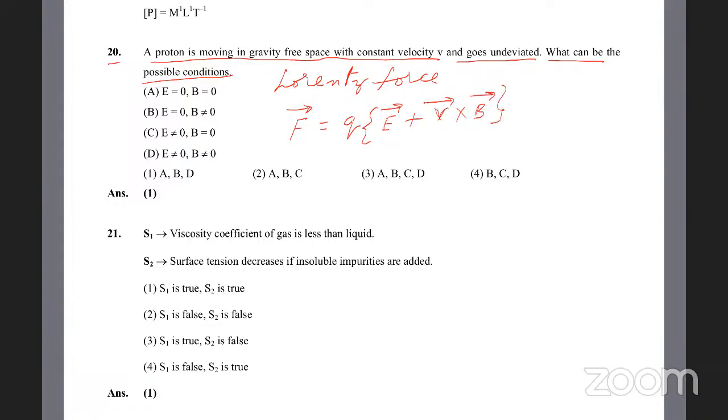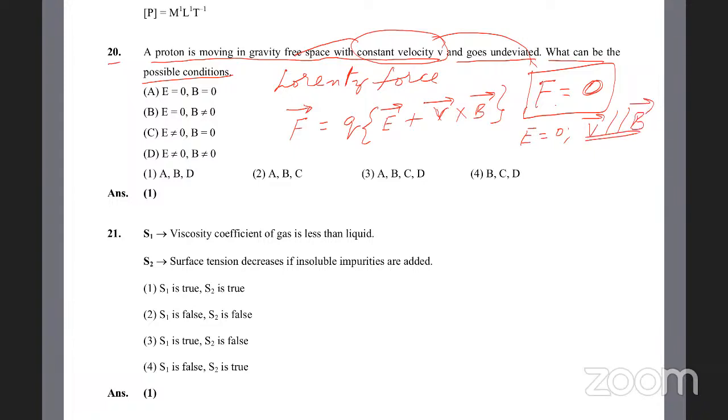So constant velocity, undeviated, means force 0. Force 0 means electric field 0 is possible, and V parallel to B is also possible.